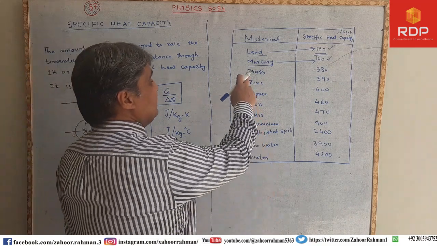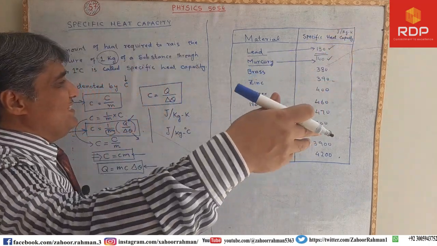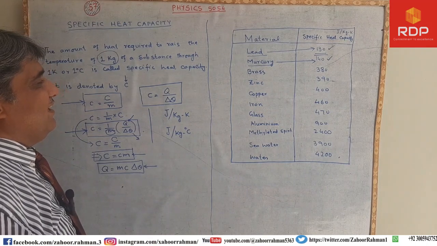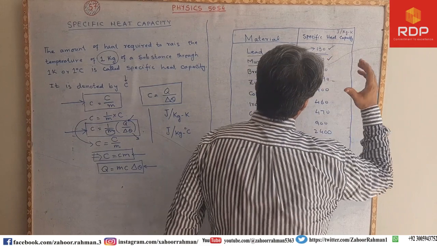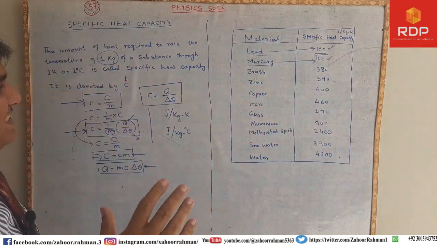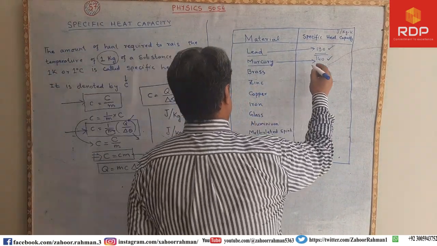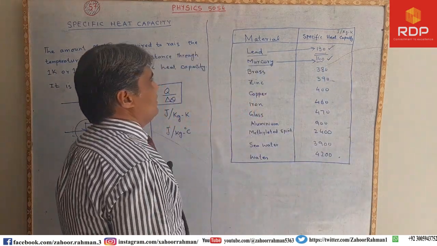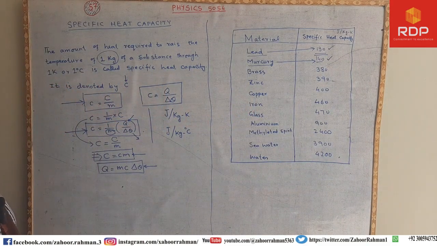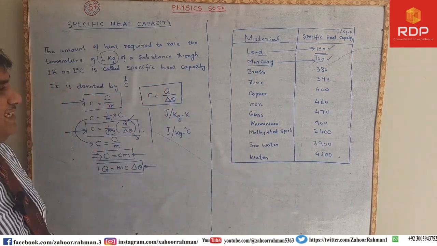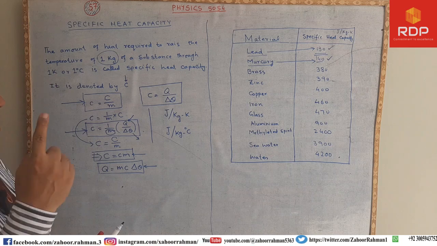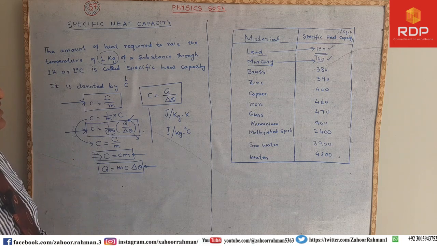So it means that mercury will increase very quickly. One wrong concept they are taking, that this is not the temperature, this is the amount of heat that is given to these particular objects to raise their temperature by 1 Kelvin or 1 degree Celsius.